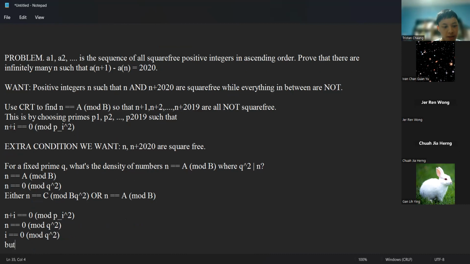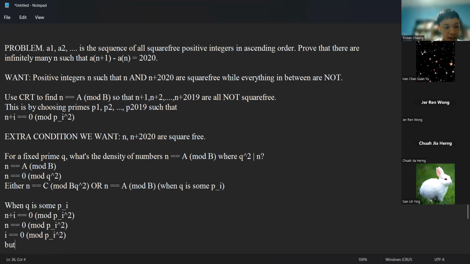This is the case where this latter occurrence happens, when q is some pi. When q is some pi, we get that i is a multiple of pi.